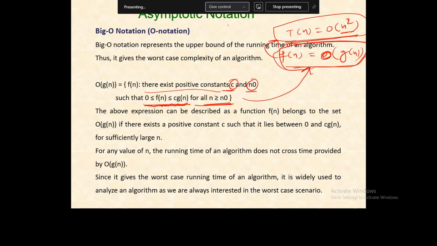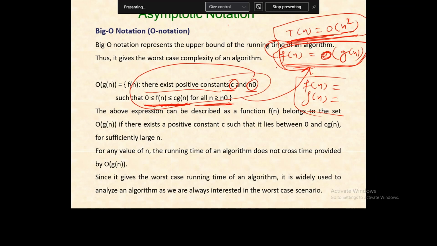So if we are given two functions, say F of n and G of n, the question will be to denote them in big O notation, or to prove the complexity of a particular algorithm. We can denote them in big O notation only when these constraints are fulfilled: there must exist a positive constant and an integer n naught, and this condition must be satisfied. Now we will check this in graphical form as well so that it becomes fully clear.